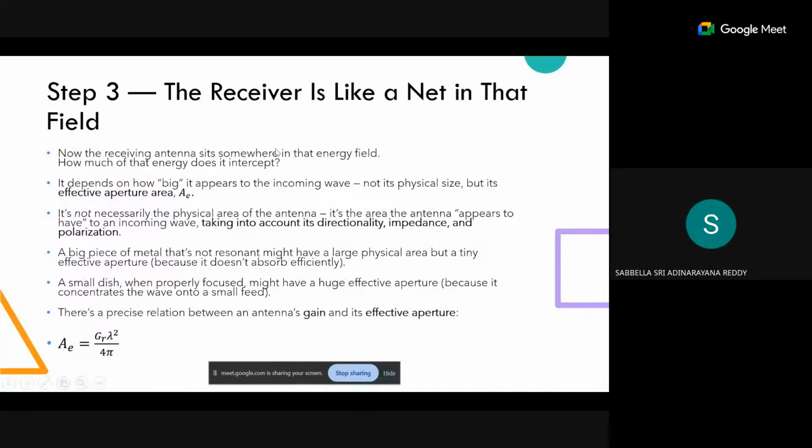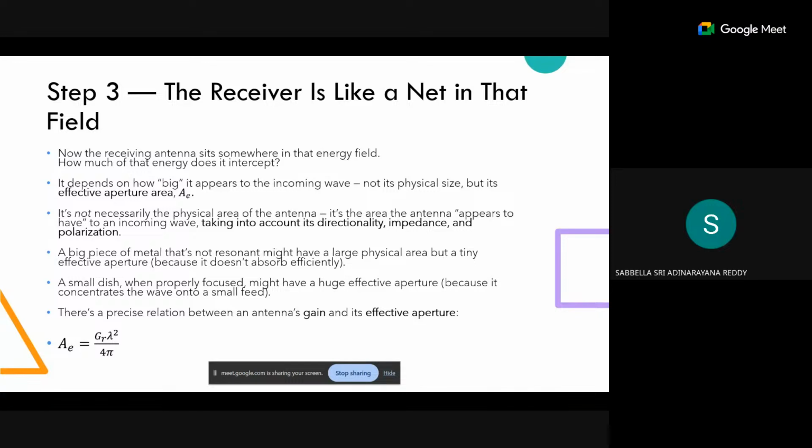And there are various factors like directionality, impedance, and polarization. So if there is a perfect absorber in the place of the antenna that we have taken as a receiver, then how much area should that perfect absorber need to have, so that it will absorb the same amount of power that this particular antenna is absorbing. That we can call the effective aperture area.